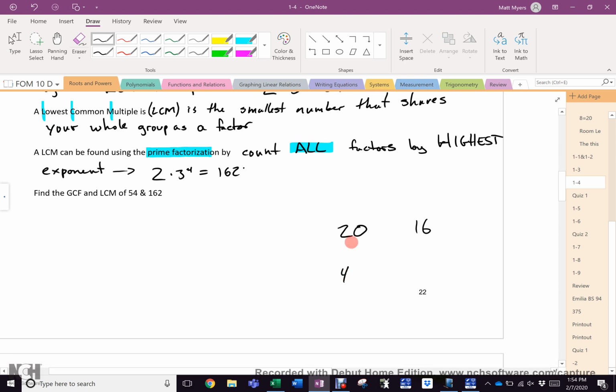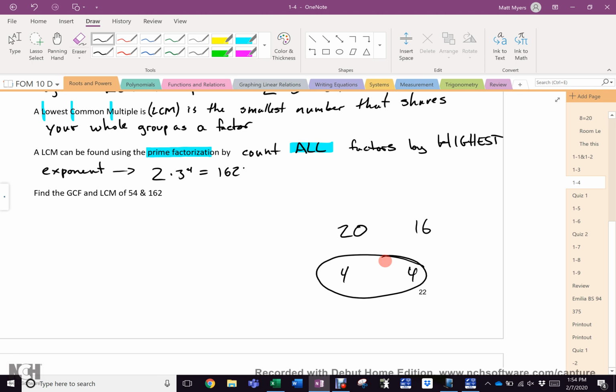So 4 is in the group here, because 4 times 5, right? And 4 times 4 is 16, so 16 shares a 4. So it's the greatest common factor. It's the biggest part. You with me? And the lowest common denominator is the lowest of when we go up.